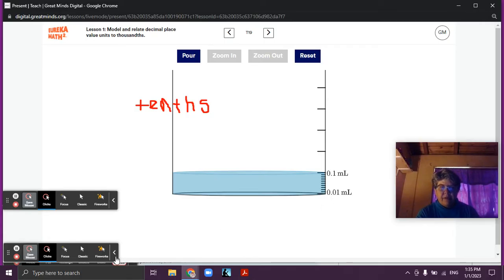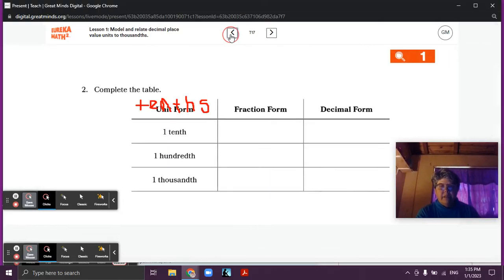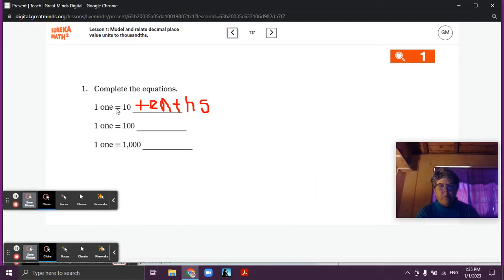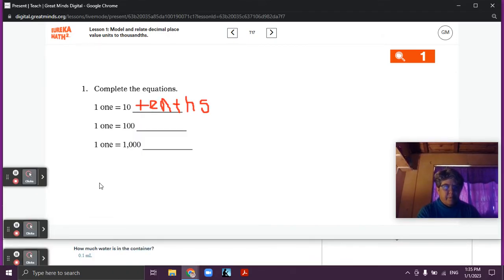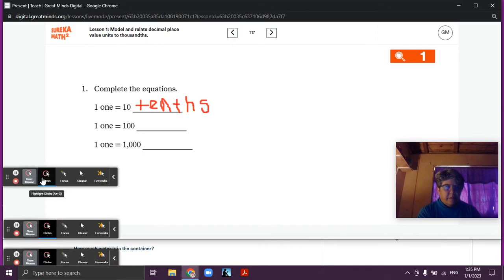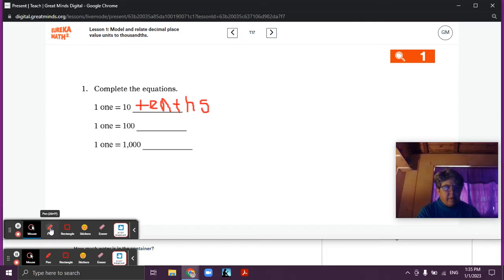1/100th. Okay, so now we can go back to our number 1, where we have 1 is equal to 10 tenths, and 1 is equal to 100 hundredths.